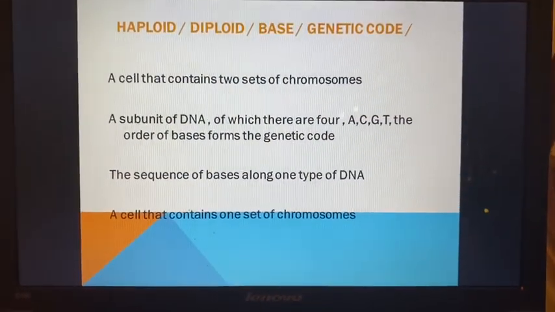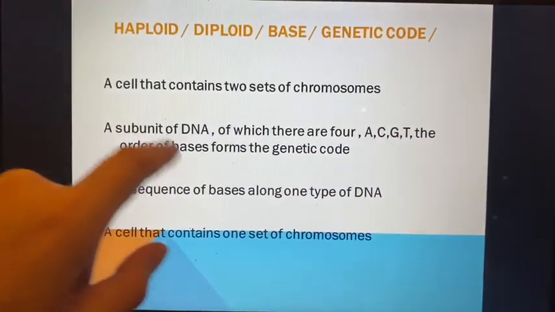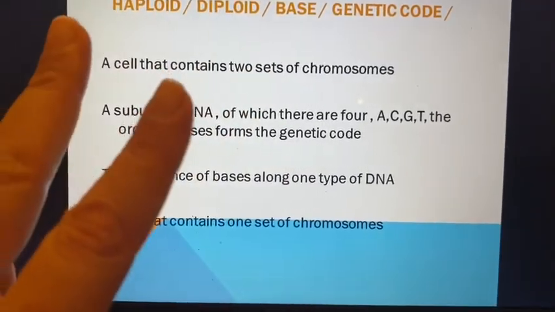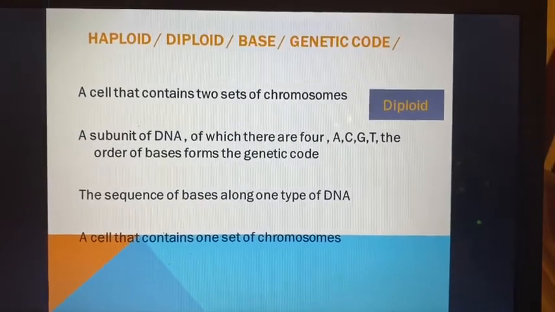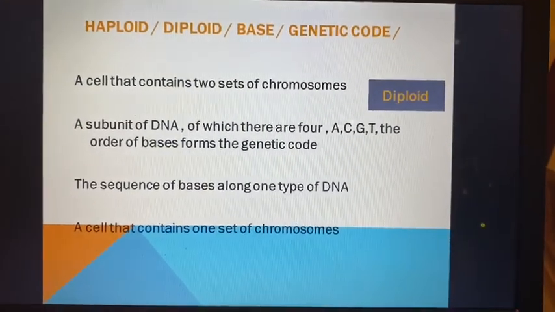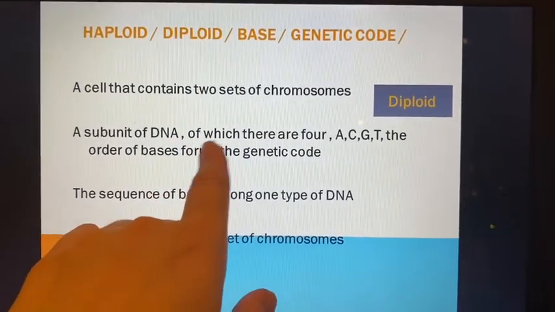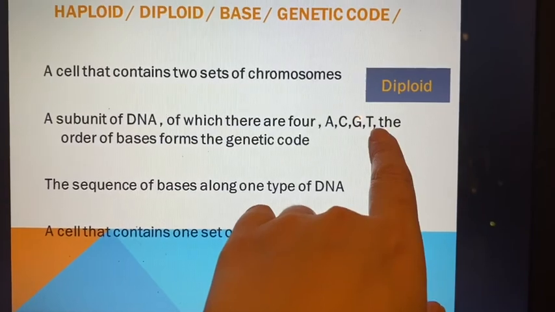Okay, now let us find out. You have haploid, diploid, base, and genetic code. A cell that contains two sets of chromosomes, the pair number, this is called diploid number of chromosomes. A subunit of DNA, of which there are 4, A C G T, 4 bases.